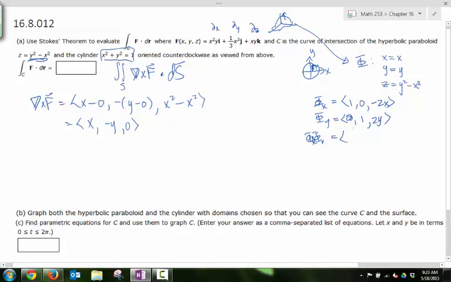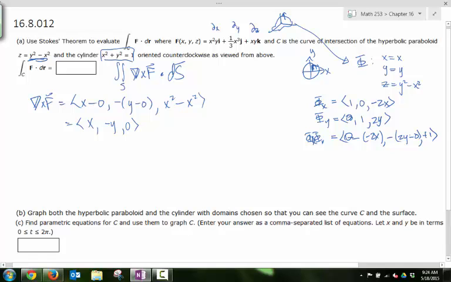The first term is 0 minus negative 2x, and in the y direction we got a negative, then 2y minus 0, and in the z direction it's just positive 1.